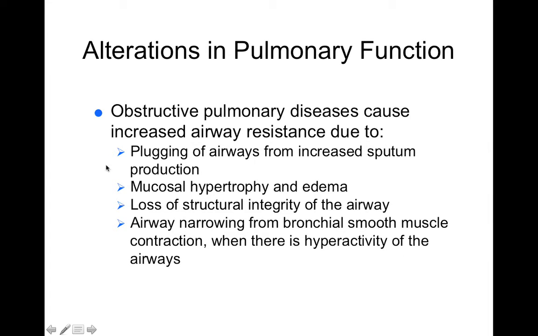All of these are obstructions, okay, whether they're intrinsic or extrinsic obstructions, and these make it more difficult for air to flow because they ultimately reduce the available cross-sectional area of your airways, which increases the resistance and decreases flow. So it makes it more difficult to ventilate with these obstructive pulmonary diseases.